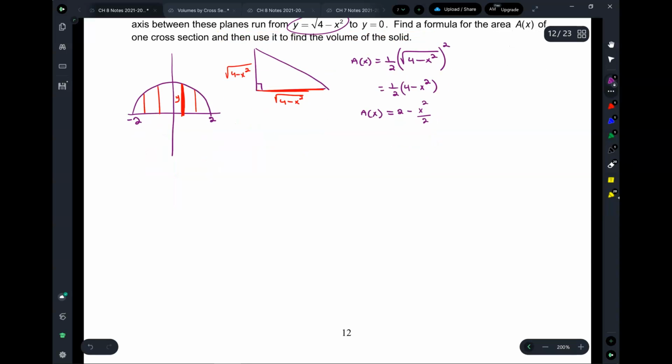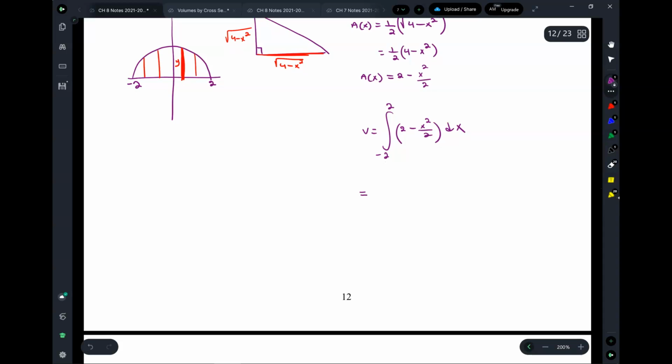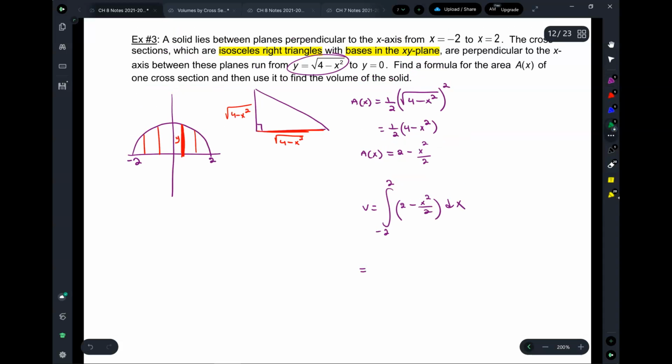And now, okay, so the volume is the integral from negative 2 to 2, 2 minus x squared over 2 dx. Now here we can save some work. Do you see how this is a symmetric region? I can basically just integrate this half and multiply it by 2, and I get the same integral.